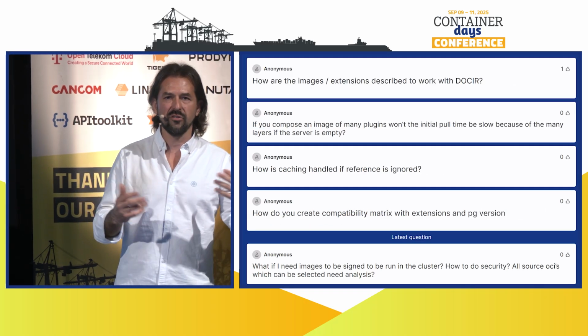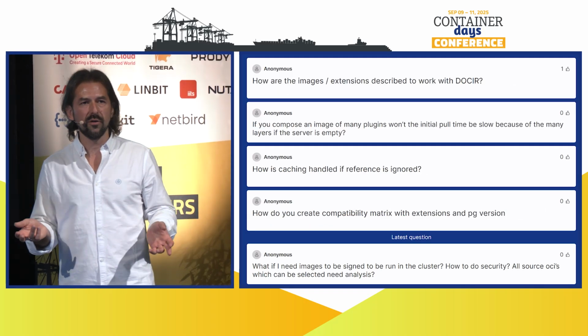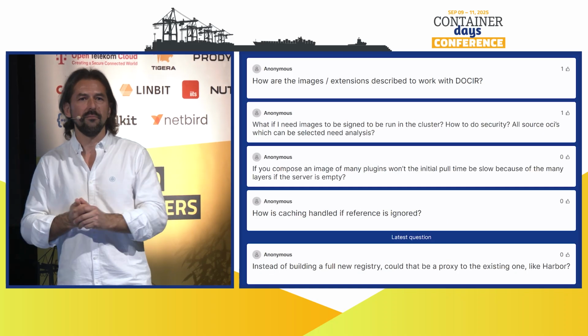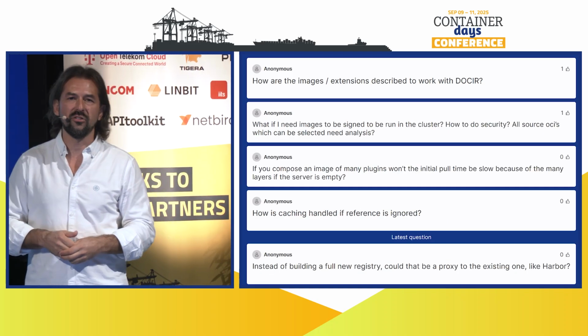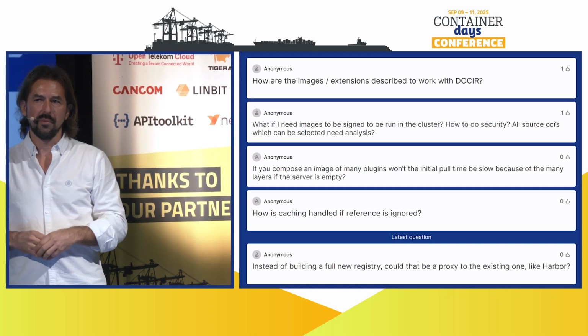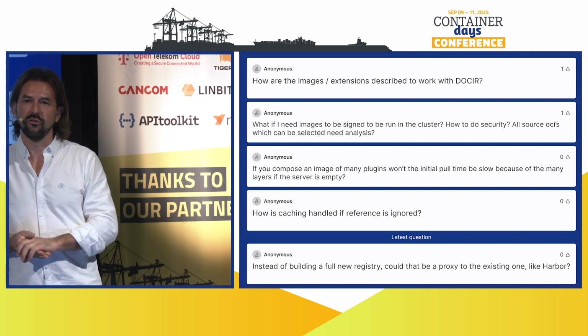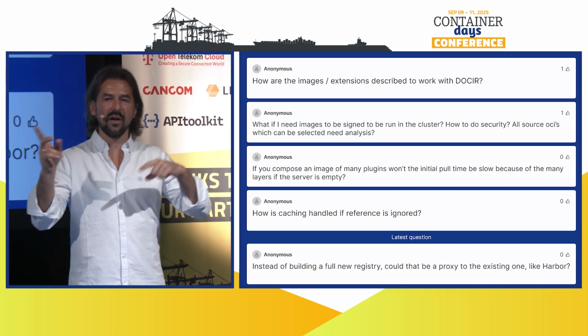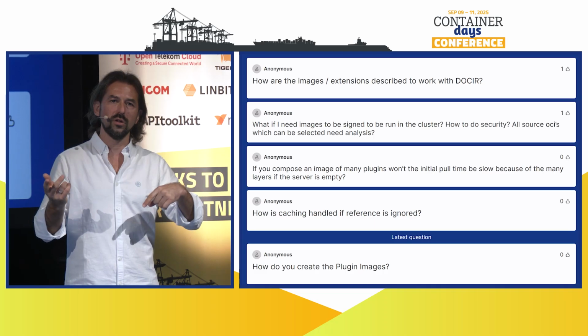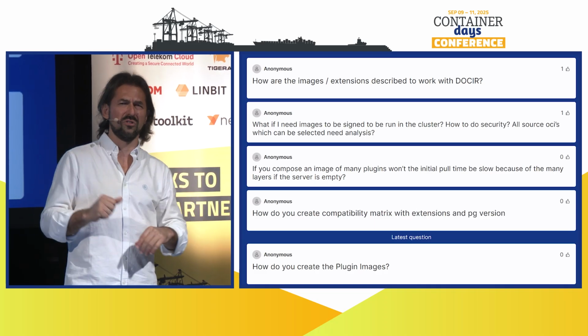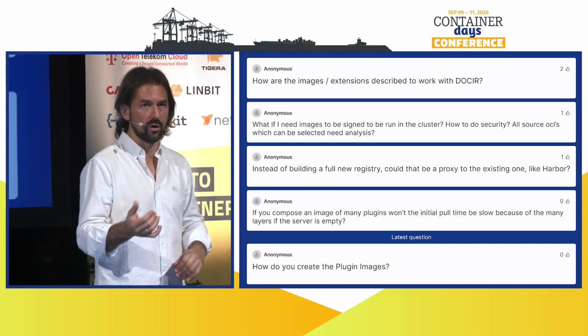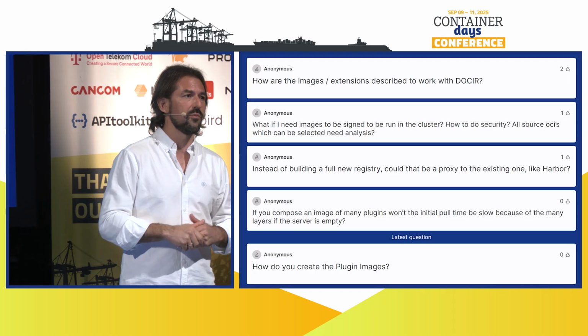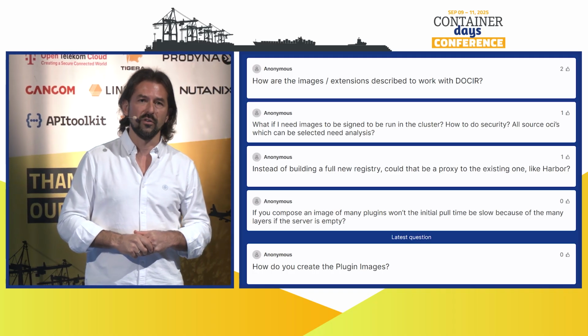Now, if you ask for a set of 2 extensions that do not work well together, well, sorry. There is actually a nice study, a paper published by researchers that tested every pair of extensions together, whether they work or not, and they found that approximately 10 or 20% of pairs of extensions do not work together. So this is definitely a problem, but it's not one that we are trying to solve as of today.